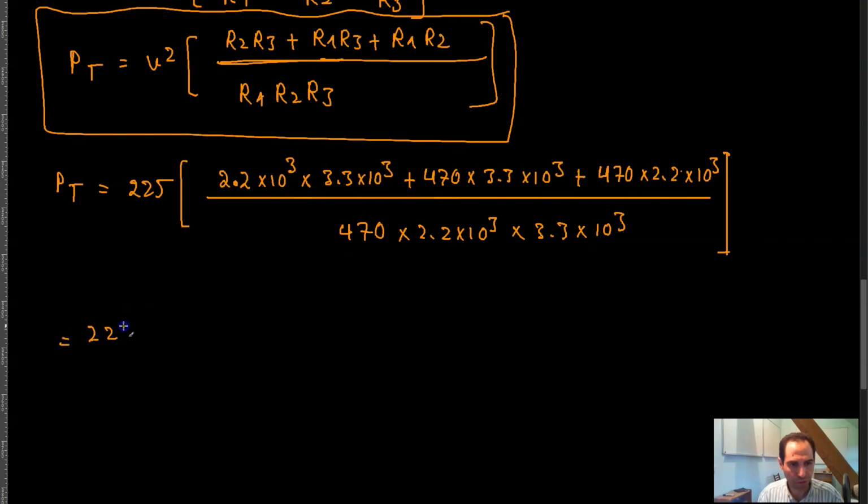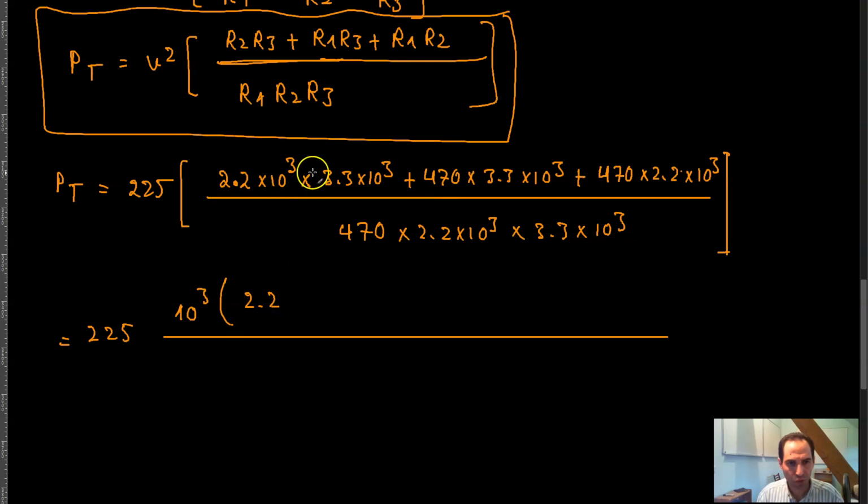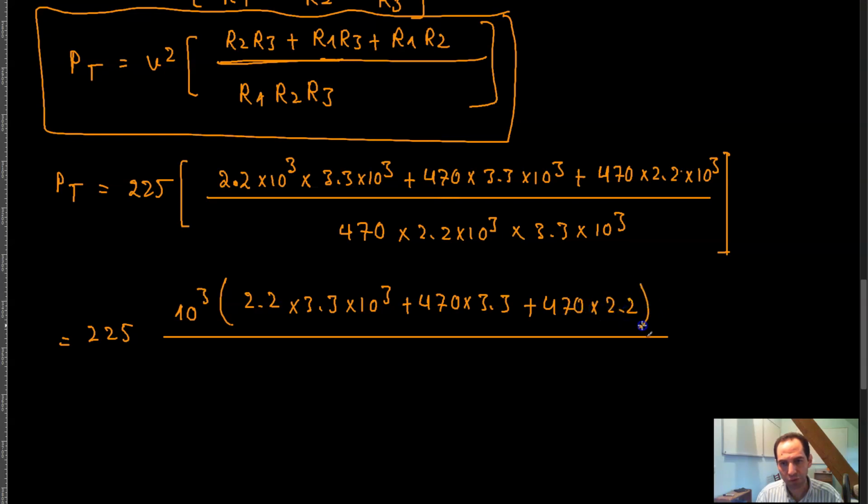You can write this as 225 times 10 raised to the power 3 times 2.2 times 3.3 times 10 raised to the power 3 plus 470 times 3.3 plus 470 times 2.2, divided by, we don't really need to take it out from the denominator because they are already multiplied.